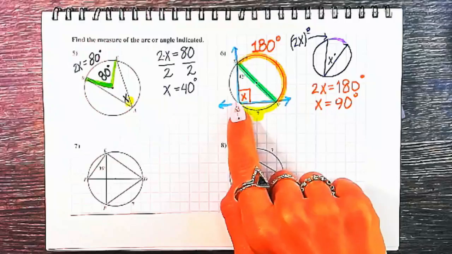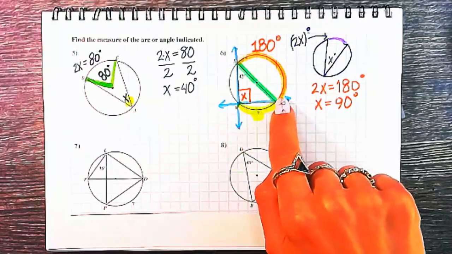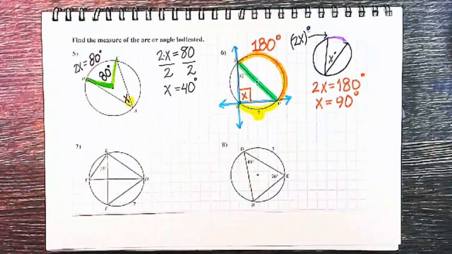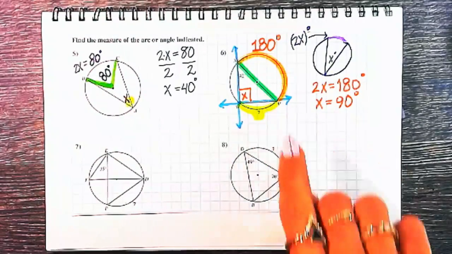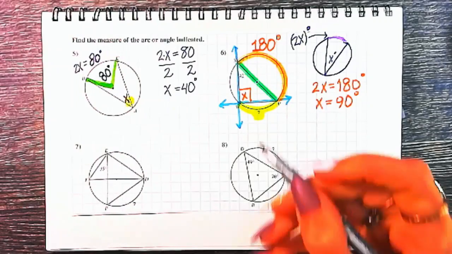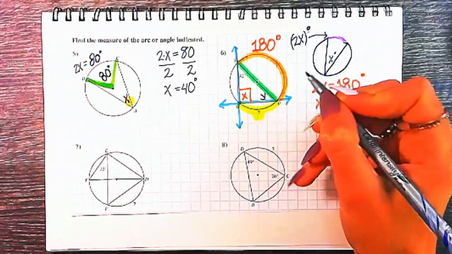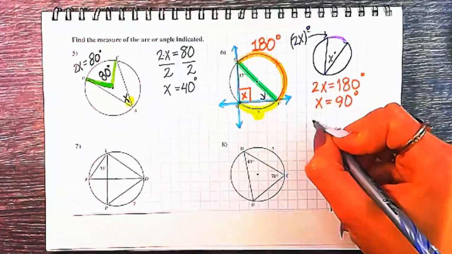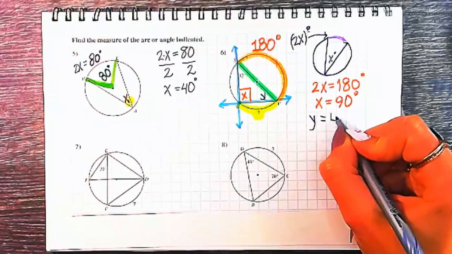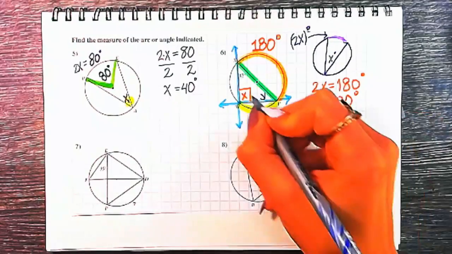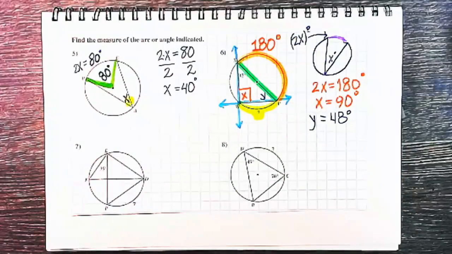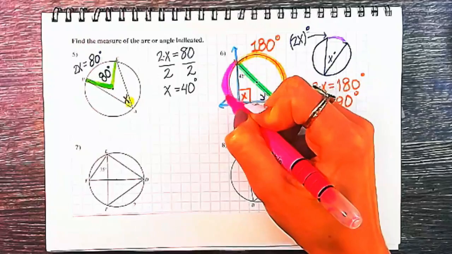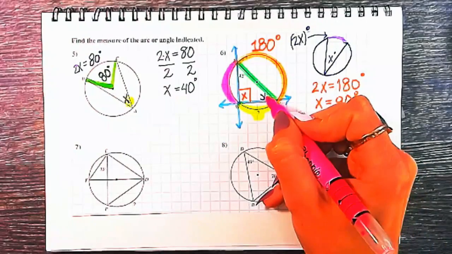and 42. Don't forget that even though these are inscribed angles, we're also creating a triangle. How many degrees are going to be left in this corner down over there? I call this angle y. Y has to equal 48 degrees, since a triangle adds to 180 degrees. Then this arc measure is going to be double this angle.